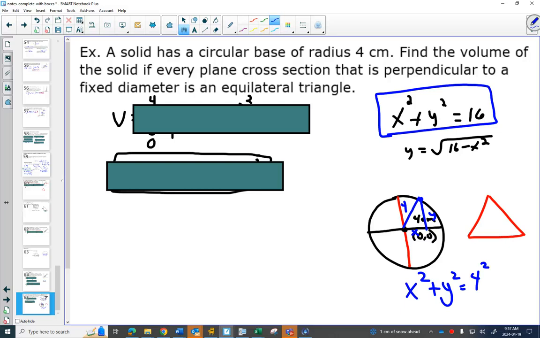If you got y by itself, technically you would get a plus or minus there when you square root both sides. But if we think about only the top part, we would have a graph like this, and the bottom part would be the negative. So how am I going to set up my integral to count up all of these areas?